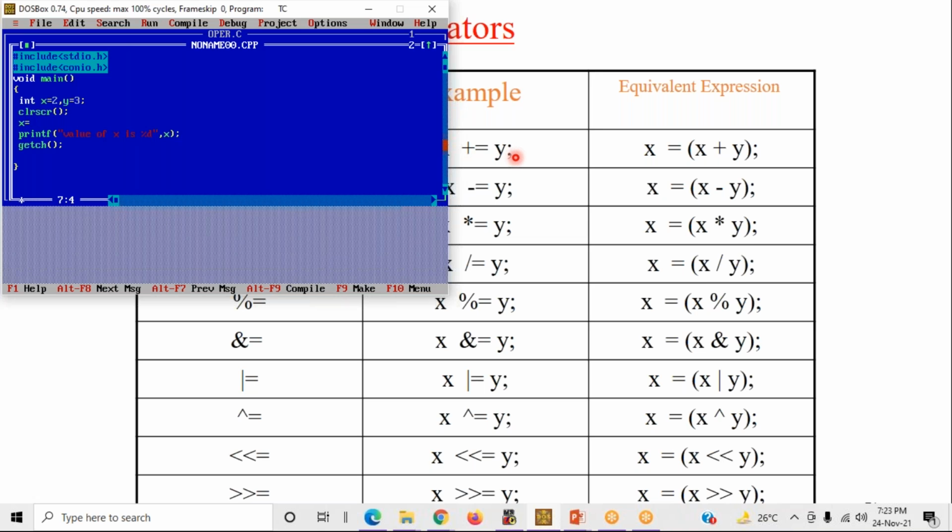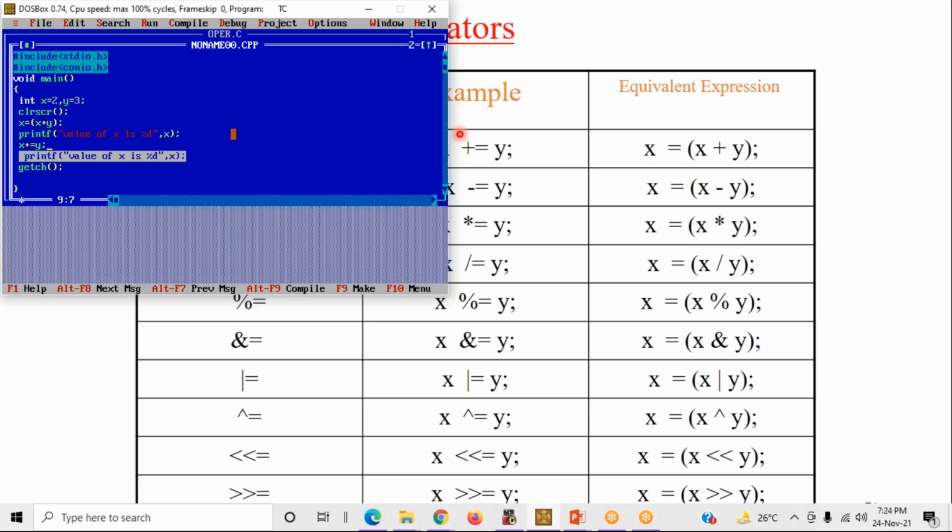x equal to x plus y, semicolon. I have copy and pasted the statement, nothing else. x plus equal to y.